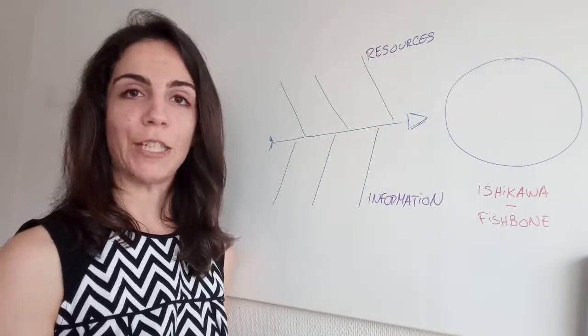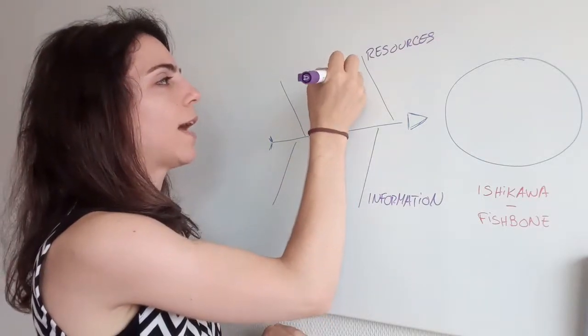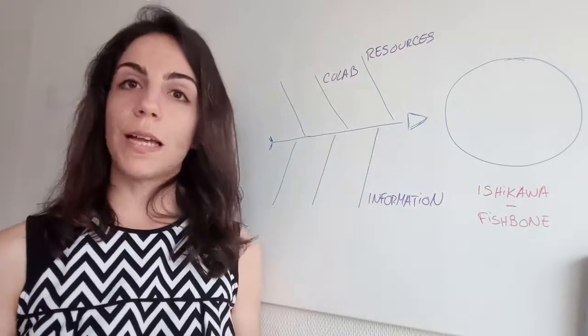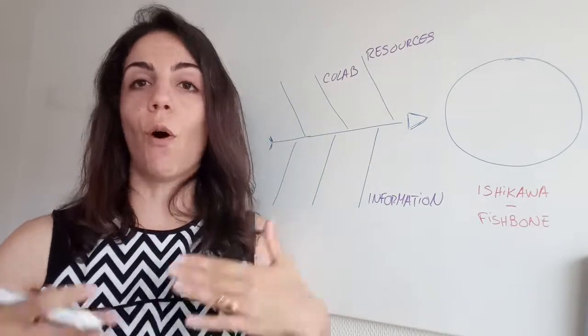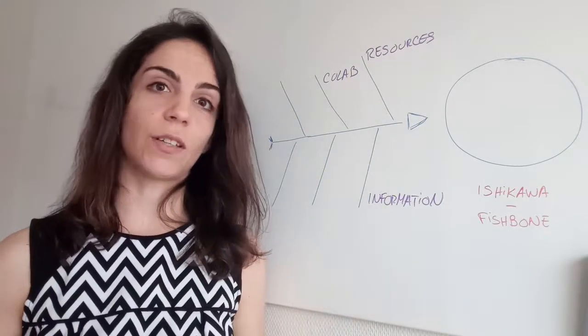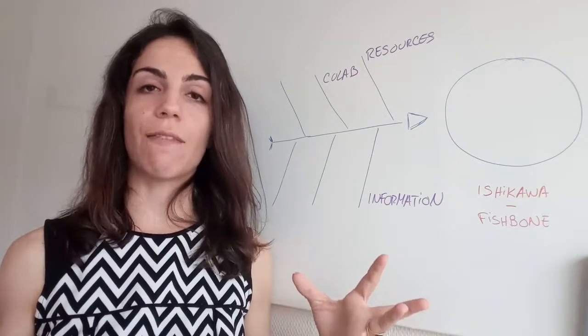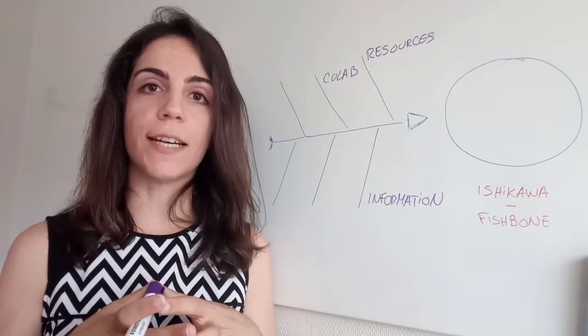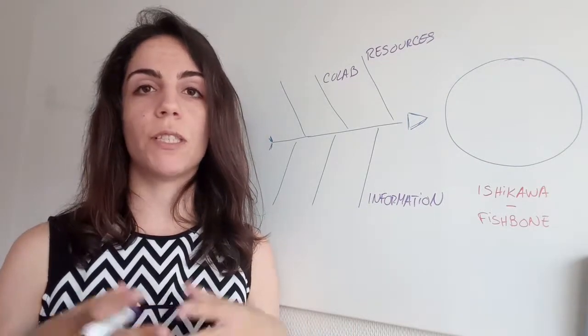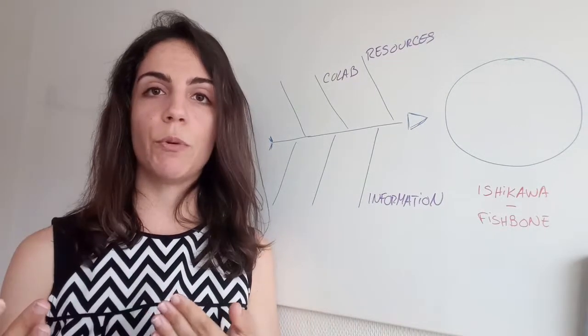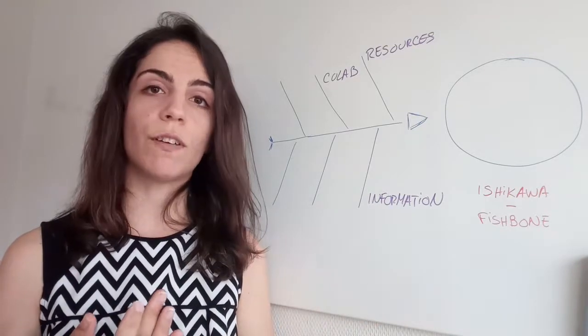Then we have collaboration. So collab. Here you might have an issue both in terms of over-collaborating and not collaborating at all. For example, if you have everyone collaborating in the same project, it might make it more difficult for you to make decisions. It might make it more difficult for everything to be approved because it needs to go over so many people.